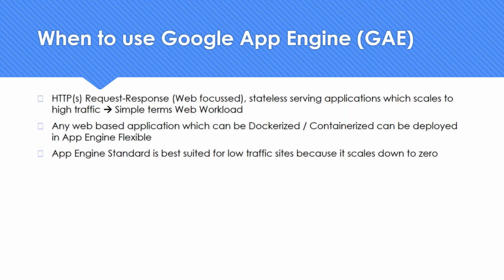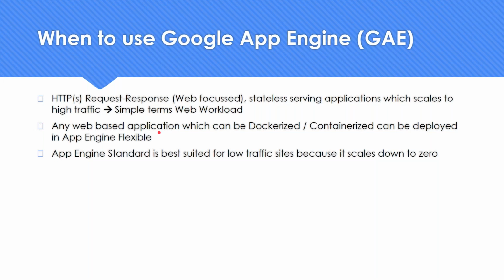Maybe I can show you a small web API deployed in App Engine. What you saw was a website, folks. I'll show you how a web API looks in the next few minutes after we deploy App Engine Flexible. So this is only for web focused, nothing else. Simple. Never ever think of deploying a database in App Engine standard. It is not going to work.